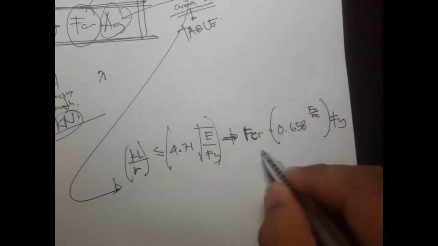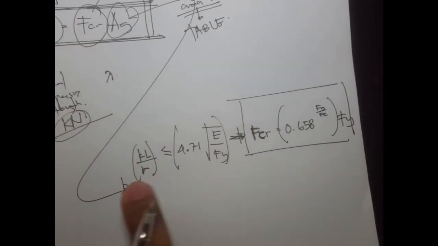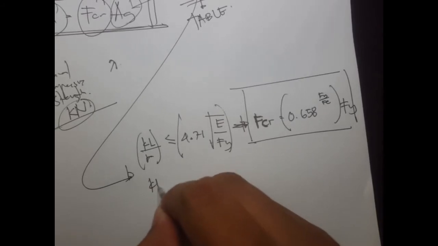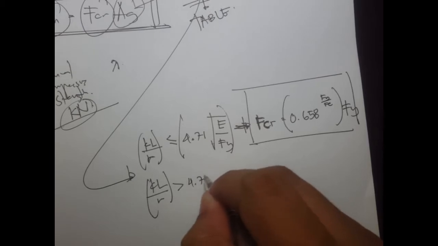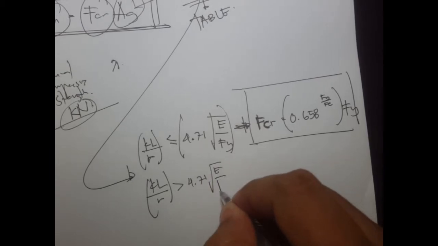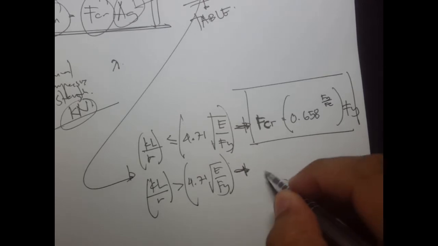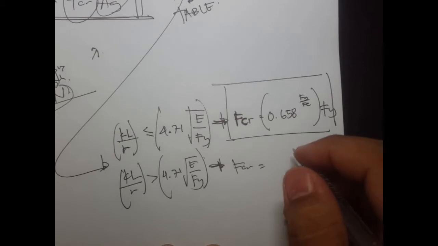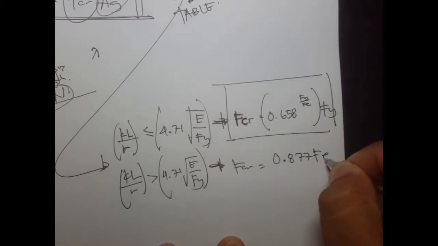So that's our equation for Fcr if the slenderness is less than this. If KL over r is greater than 4.71 square root of E over Fy, then our critical stress Fcr is equal to 0.877 Fe.